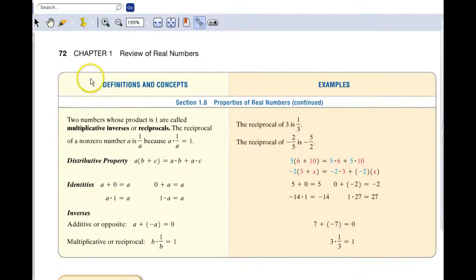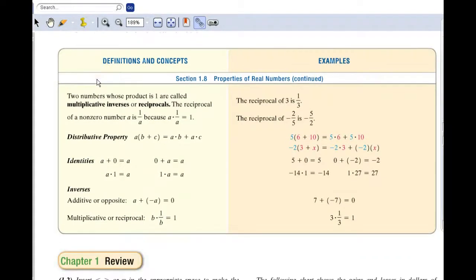All right, winding this up, I believe, we're going to go to the multiplicative inverse or reciprocals, that we say A, which is over 1, if we just flip it, we get 1 over A. And if we multiply a number by its reciprocal, another name for that is its multiplicative inverse, the product is always 1.